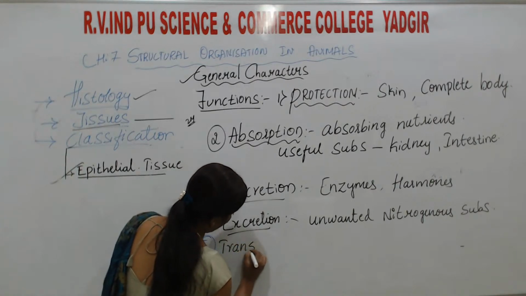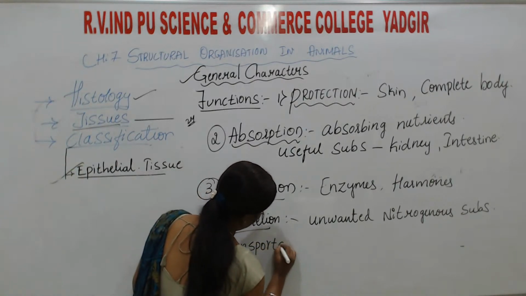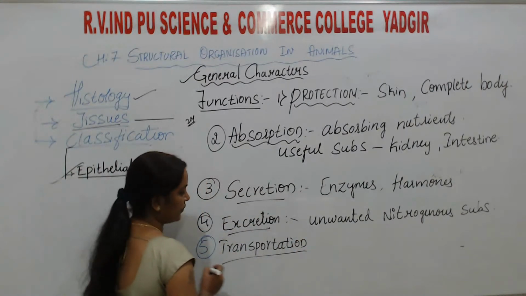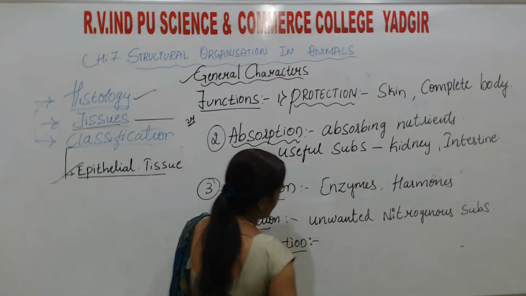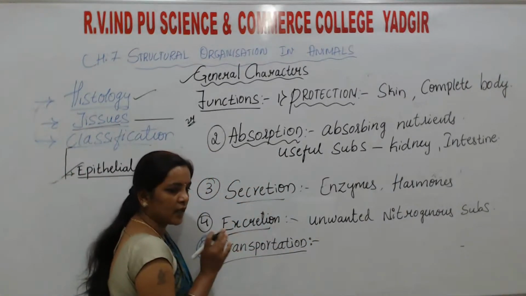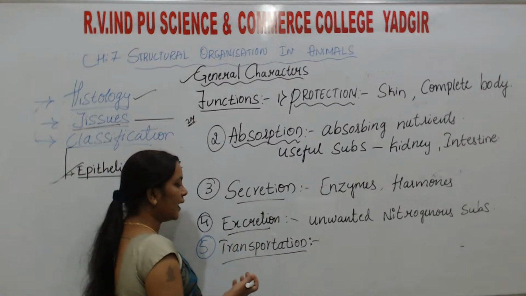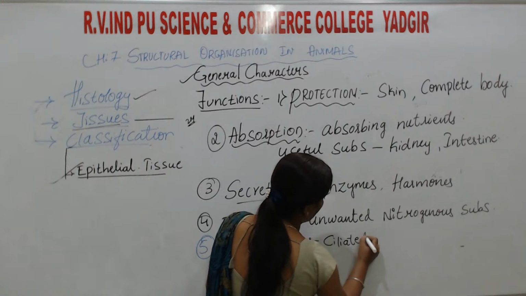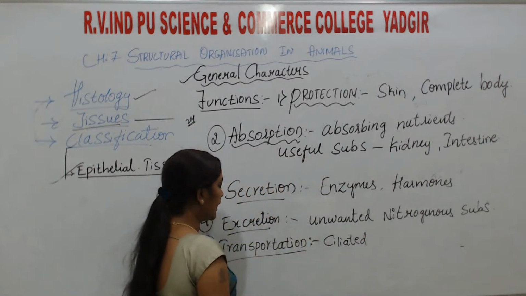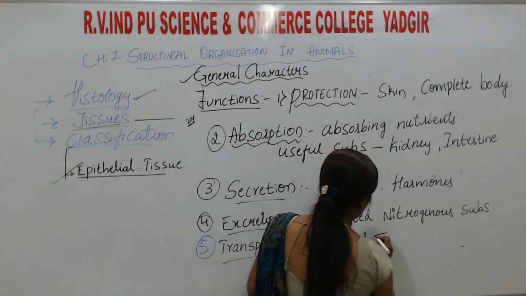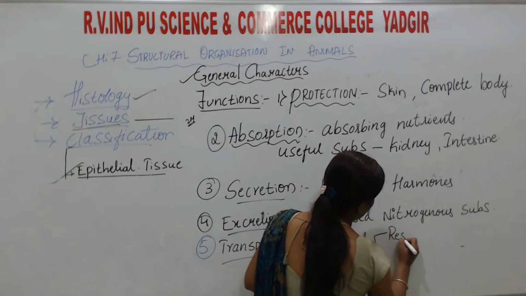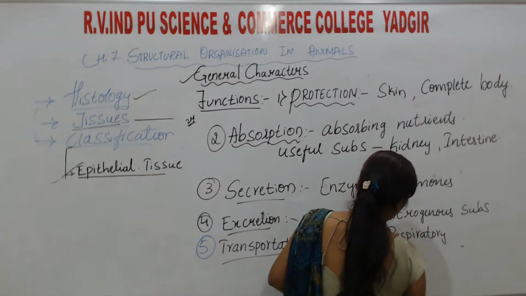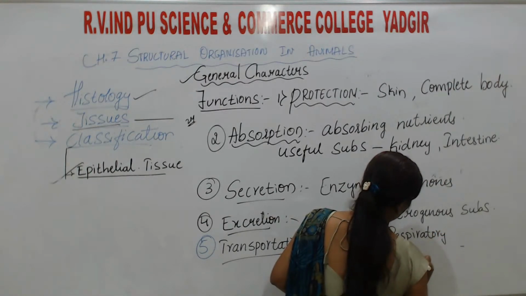They are also playing a role in transportation. How are they capable of transporting? For example, ciliated tissues are especially present in the respiratory and genital tract.